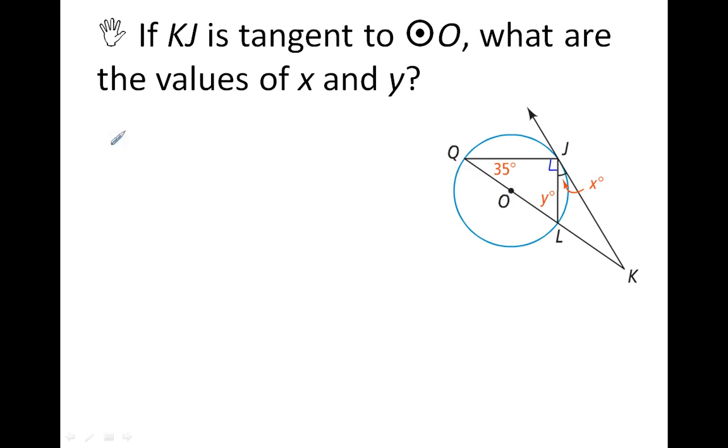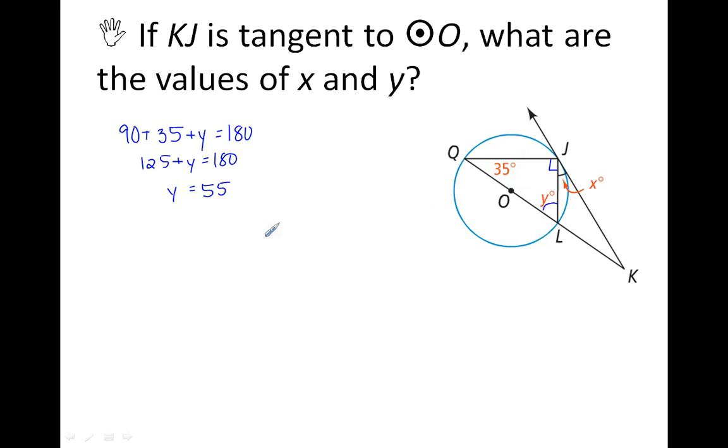I know that all three angles in a triangle have to add up to 180. So 90 plus 35 plus Y has to be 180. Okay. 125 plus Y equals 180. So if we subtract 125 from each side, we get a value of Y equals 55. So that makes this 55.